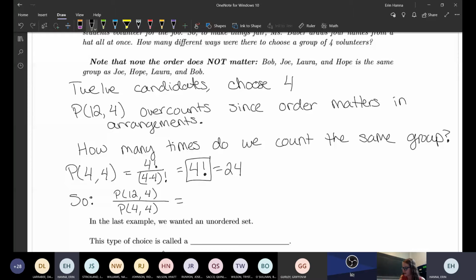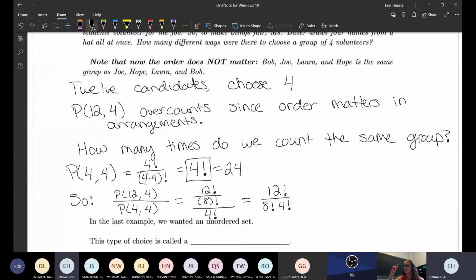If we think about what the arrangement of 12 elements into 4 groups looks like, that's going to look like 12 factorial over 8 factorial, 12 minus 4. And then we're dividing by 4 factorial, which is what we found to be P of 4 of 4. Now this is going to reduce to 12 factorial over 8 factorial times 4 factorial.